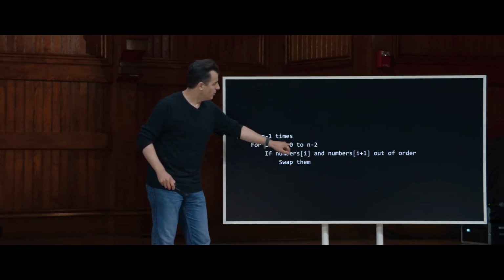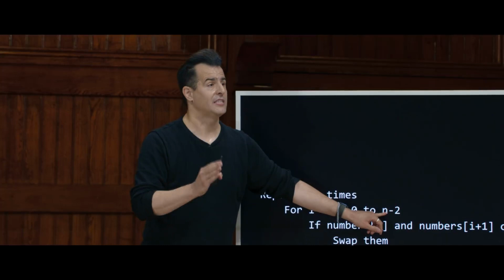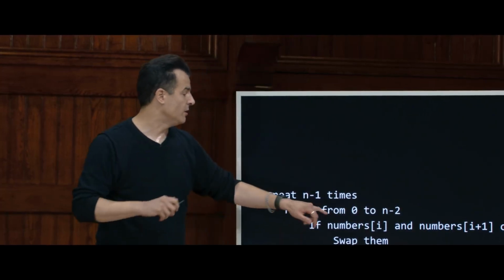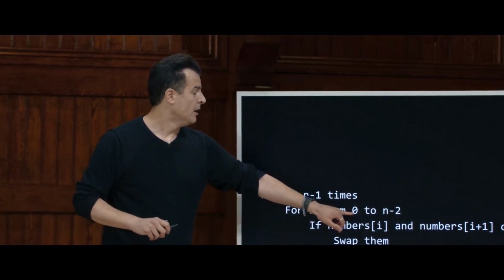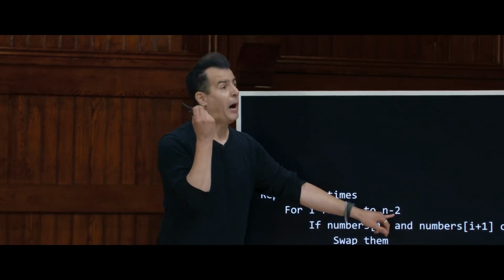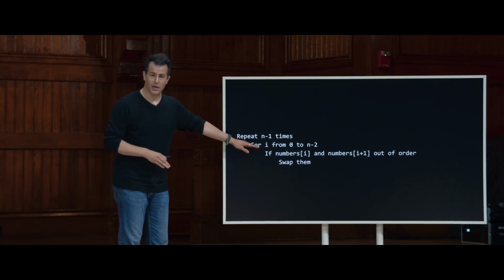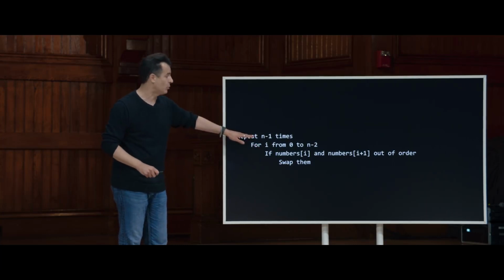Well, you're iterating from 0 to n minus 2. And this is where the math is going to get weird. But that is n minus 1 steps also. Why? Because if you do it in the real world starting at 1, this is saying from 1 to n minus 1. And then maybe it pops a little more obviously. This inner loop is repeating n minus 1 times. So the outer loop says do the following n minus 1 times.